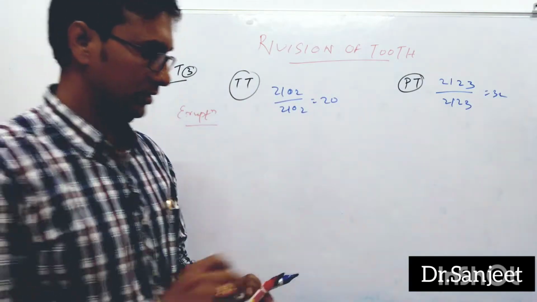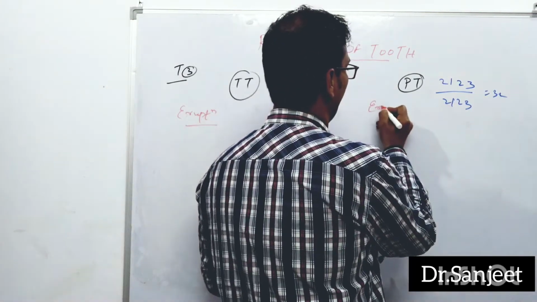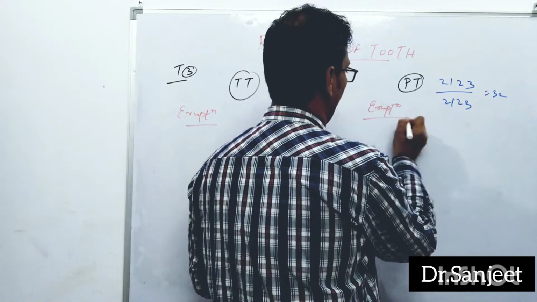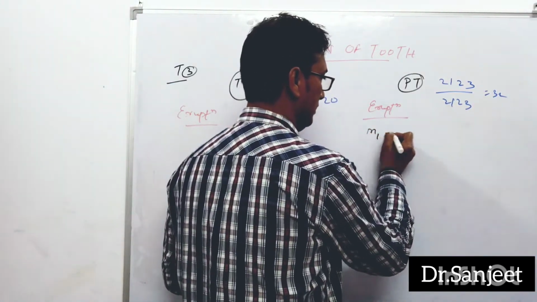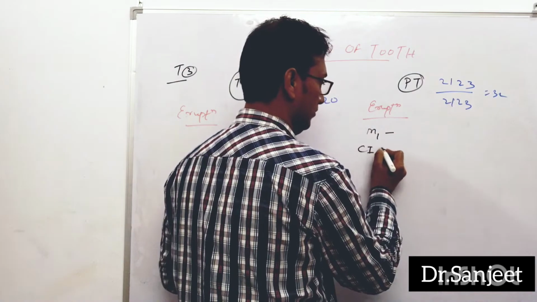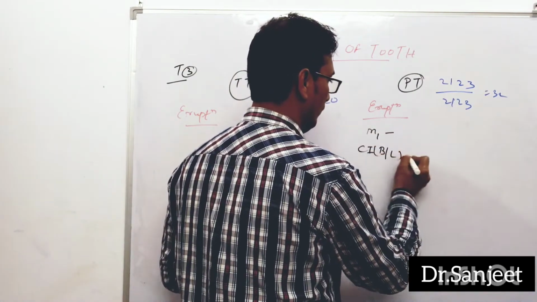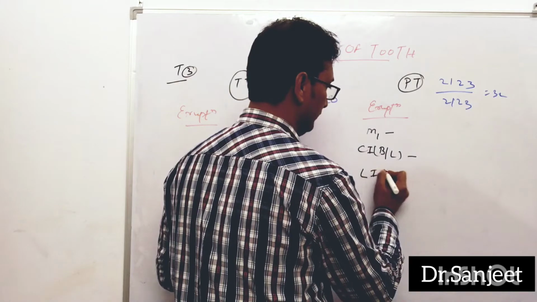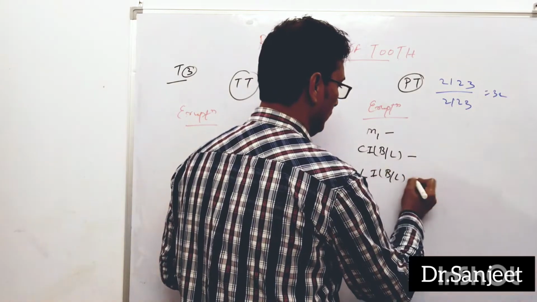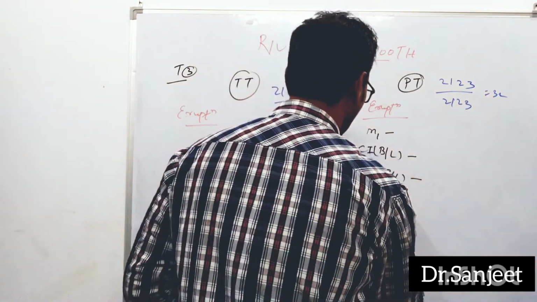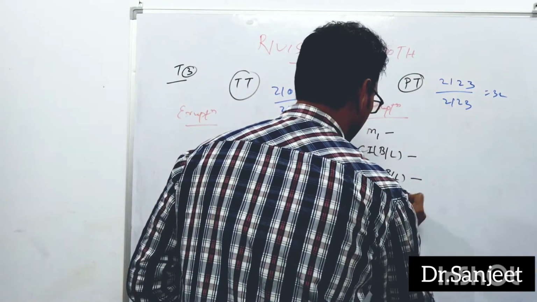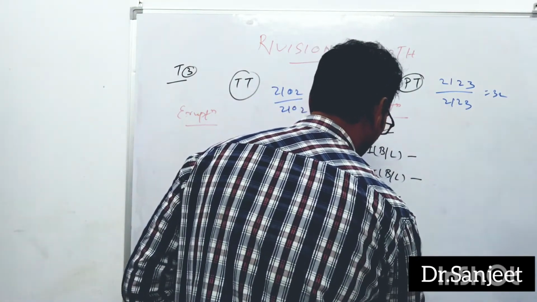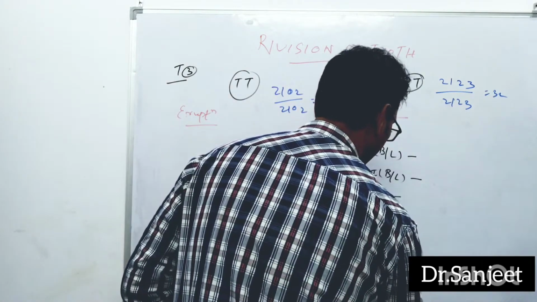For permanent tooth, eruption: first molar, then central incisor, bilateral, then lateral incisor, bilateral, then premolar 1, premolar 2, then canine, then molar 2, then molar 3.